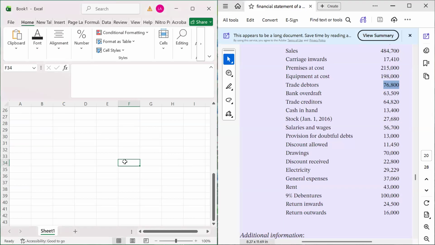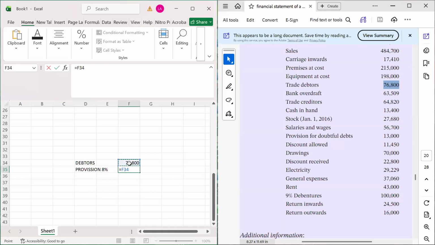If this is debtors, those who were owing us, and we're told that we should make provision that they will not pay. If they won't pay, then we have to charge it against our profit. And then they said we should make a provision of 8%. So 8% of this figure is this.